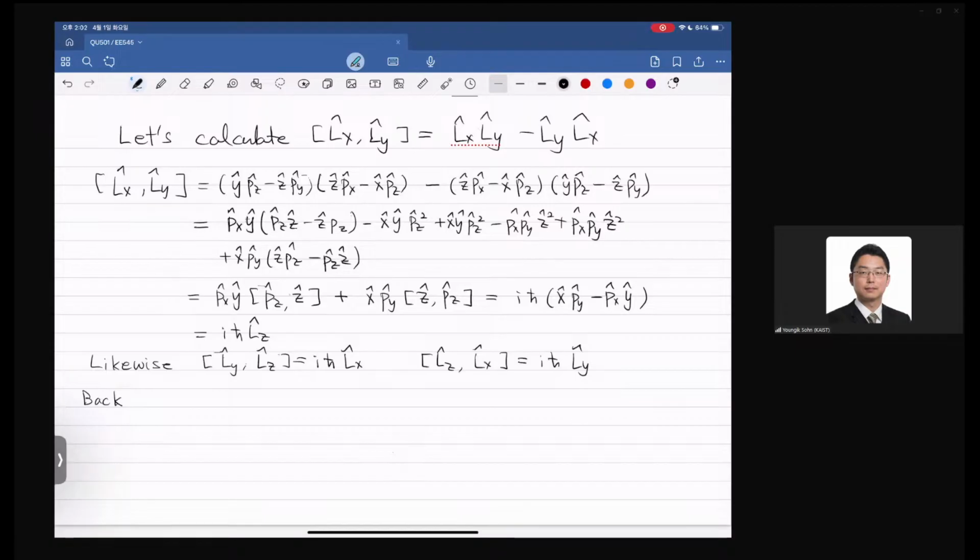So back to spin angular momentum, we will postulate, we'll assume the same commutation relationship works.